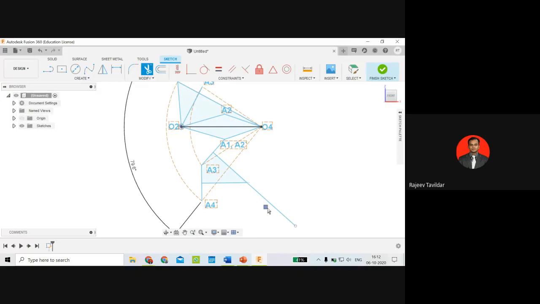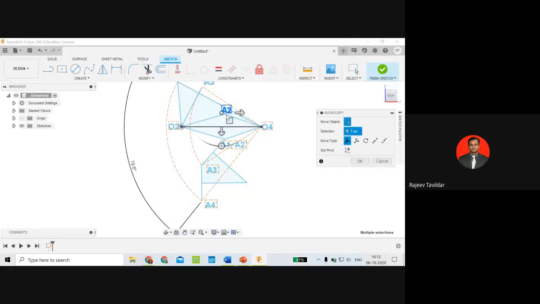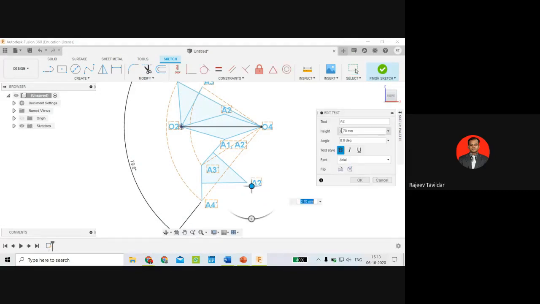I'll just remove these lines. So wherever they intersect, that becomes our point B1.